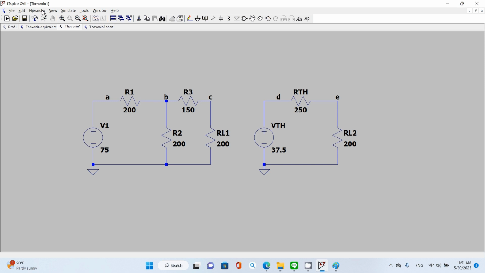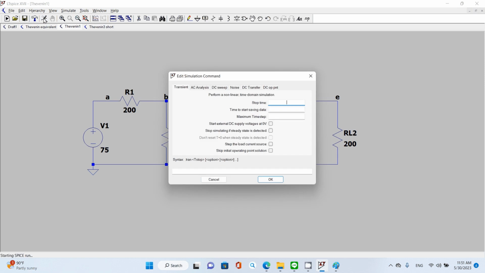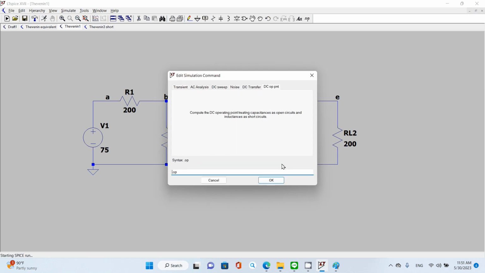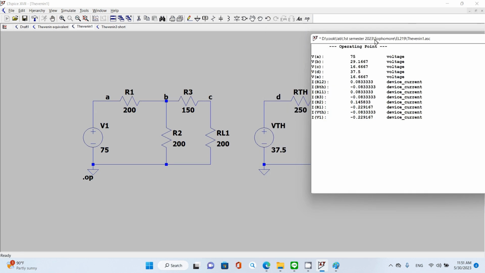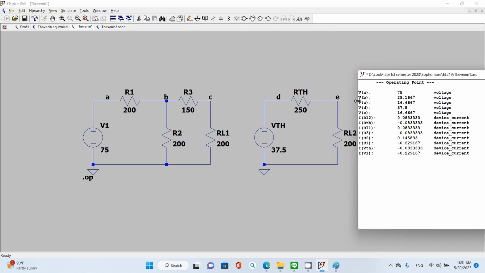Now you do the simulation, you go to run, and then you do DC operating point. Click OK. Now take a look at this. The current flowing through RL1, this one, is 0.0833.